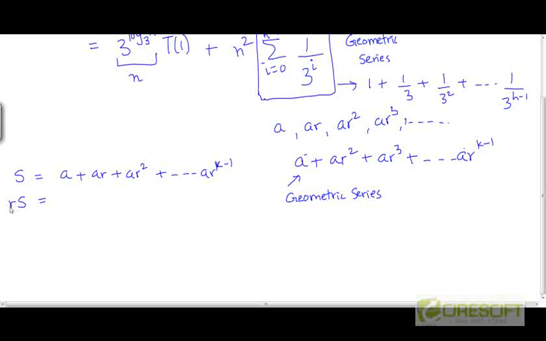So if I multiply the left hand side by r and the right hand side by r, I'll get ar plus ar squared plus ar cubed plus so on till ar to the power k. But instead of writing those terms directly below these k terms, we write them in a slightly staggered way. So we write the first term here, ar plus ar squared plus so on till ar to the power k minus 1 plus ar to the power k. So this is nothing but the right hand side multiplied by r throughout.